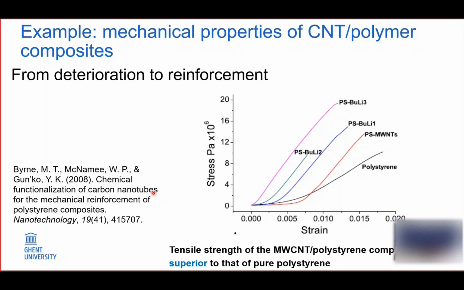Here you can see that the stress-strain curves for pure polystyrene are located lower than the ones with the treated carbon nanotubes. So indeed, we need to keep in mind a lot of points when we are designing a composite material, because we can actually make the material worse. That's the complexity that arises from both the nature of the composite materials and the nature of carbon nanotubes.